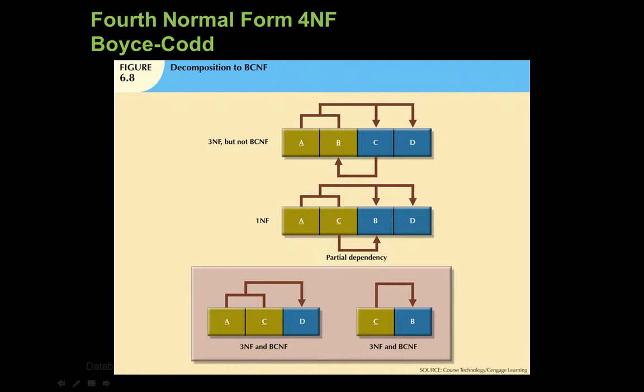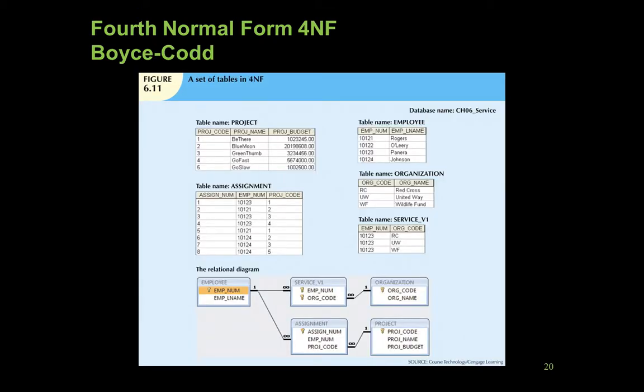And at the Boyce-Codd level, you might think that we're defining our data down to the smallest tables possible, but then we need to consider the fourth normal form.